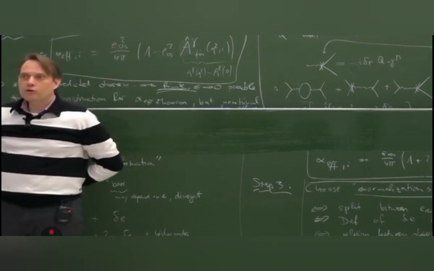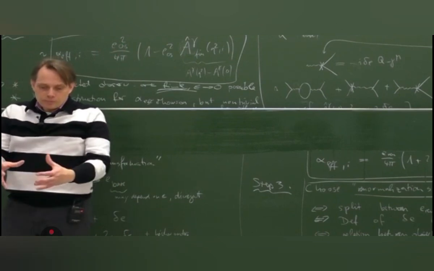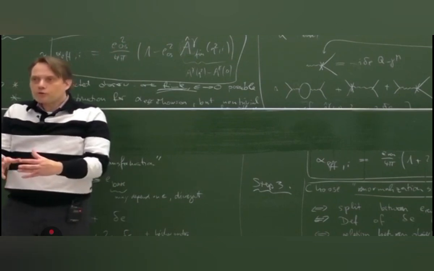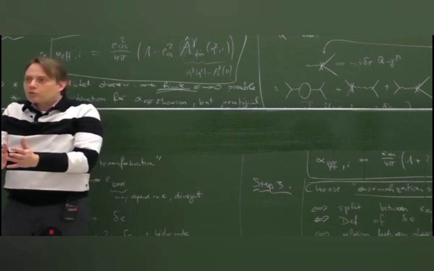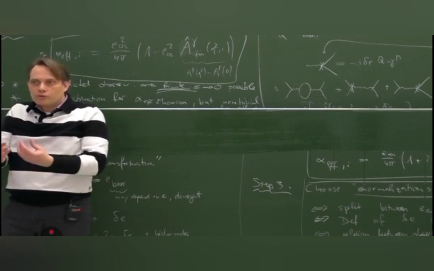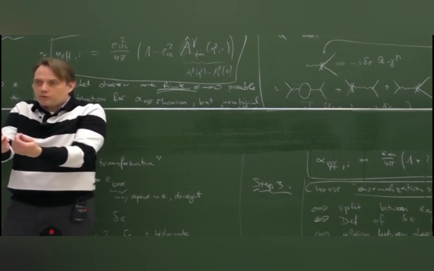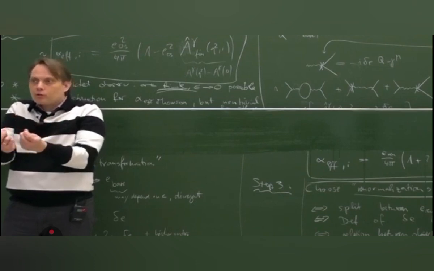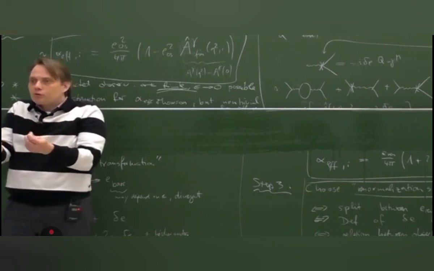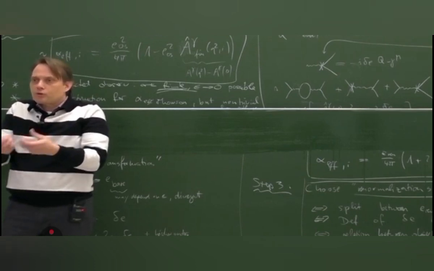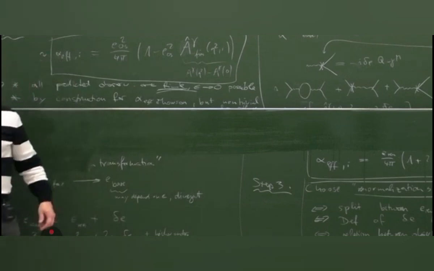So they come from regions where we have extremely high energies corresponding to very, very small distances. So the divergences arise from the region in space-time where particles or vertices in a Feynman diagram are infinitely close to each other. And that is the reason that they can be cancelled by local terms in the Lagrangian.